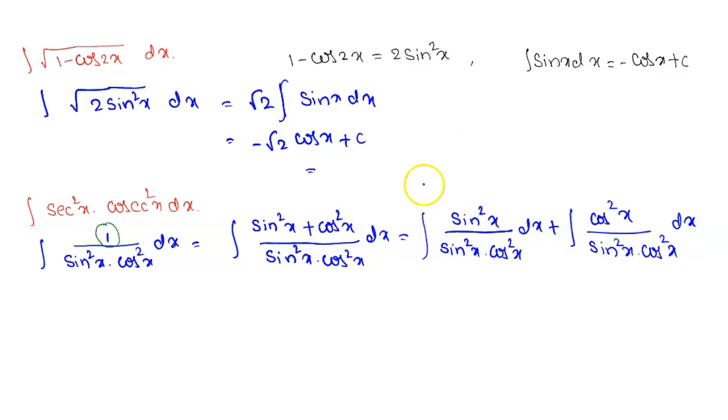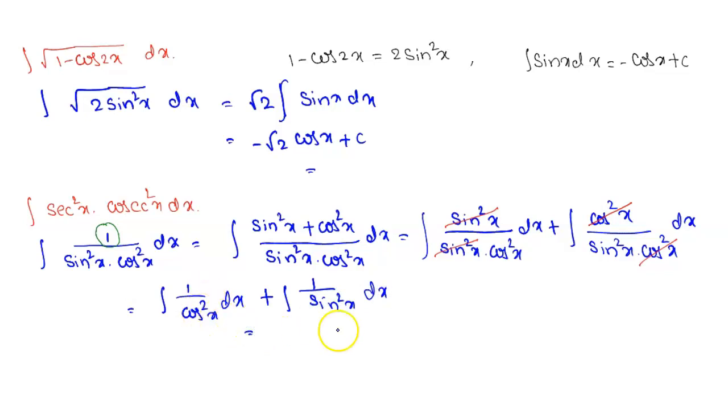Here we can cancel the similar terms: sin square x and sin square x will get cancelled, next cos square x and cos square x will get cancelled. So the leftover values are integral 1 by cos square x dx plus integral 1 by sin square x dx.